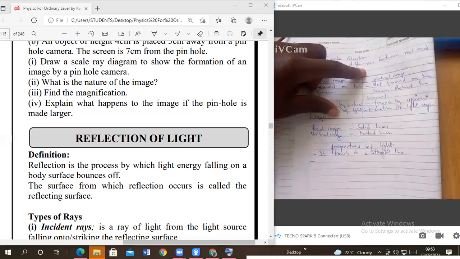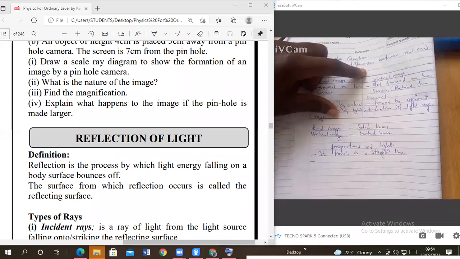Who can give us another one? The image is the same size as the object. No, that one you are giving for devices, that's the sources of light. But we are looking at the general aspect of light.